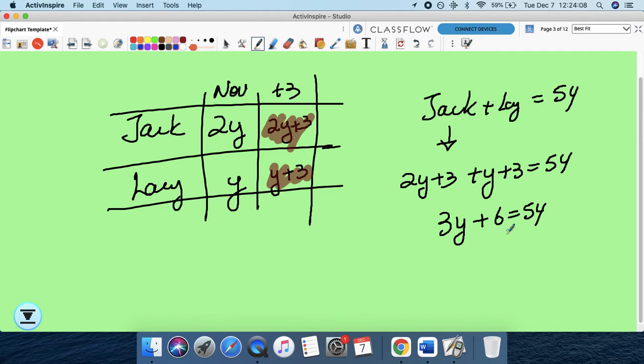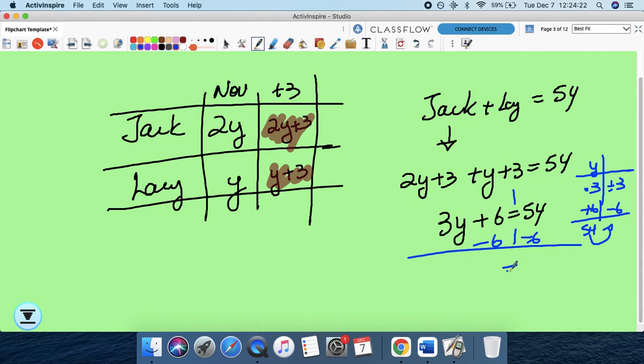So we have a variable y multiplied by 3, we add 6, that gives me 54. I'm going to subtract 6 and divide both sides by 3. So minus 6 minus 6, 54 minus 6 is 48, 3y, divide both sides by 3, and y equals 16. So Lacey right now is 16 years old.